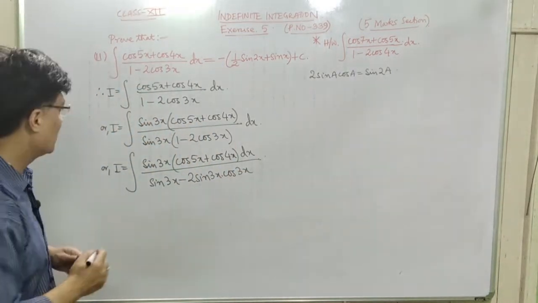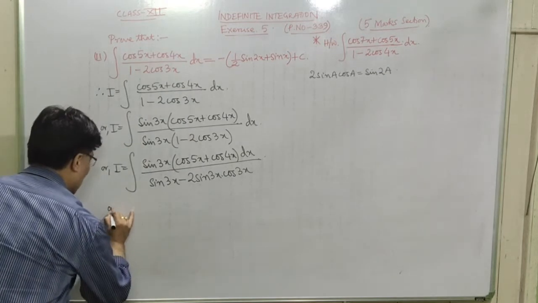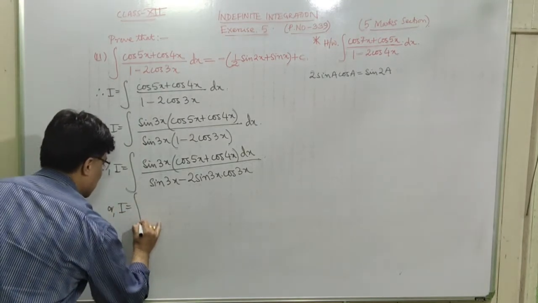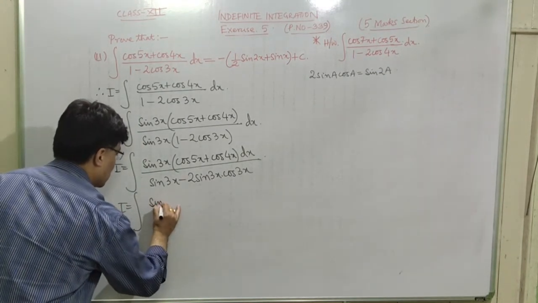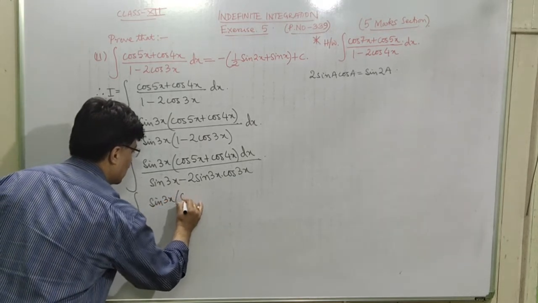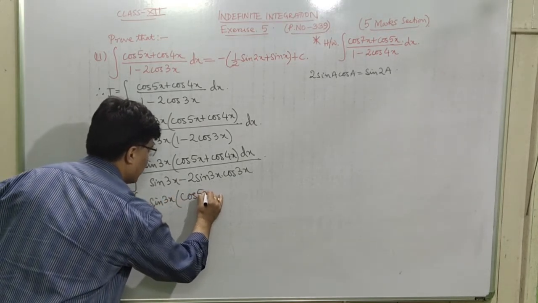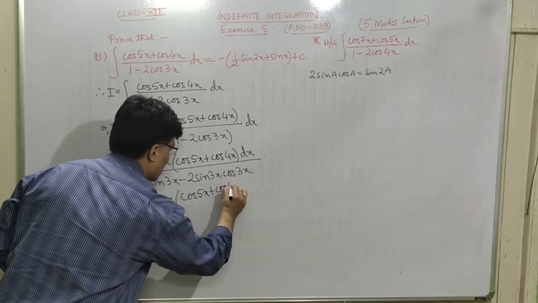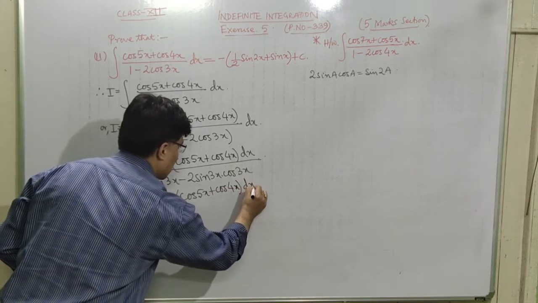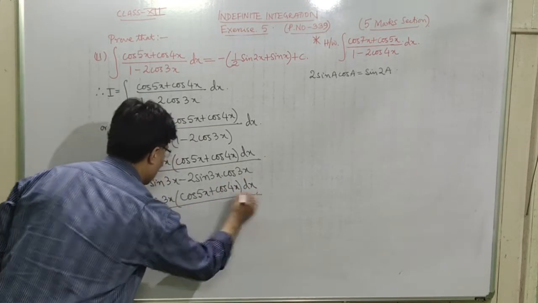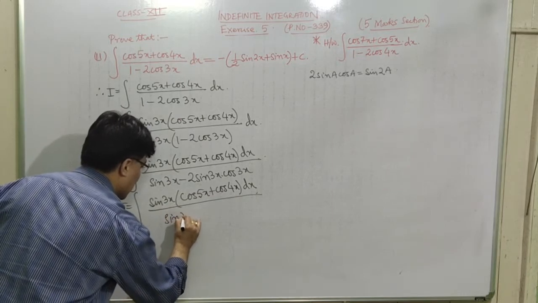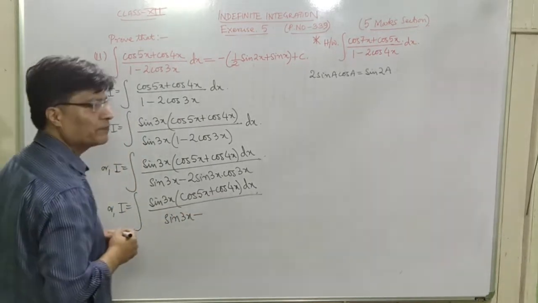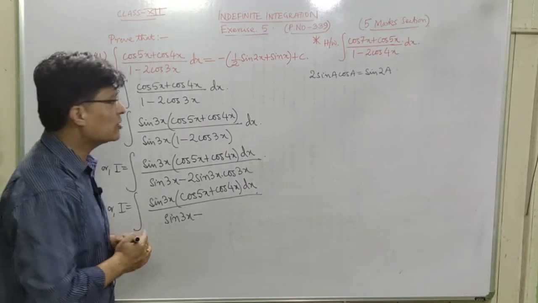Understood? So next, I is equal to the integration of sin 3x within bracket cos 5x plus cos 4x bracket close dx, this whole divided by sin 3x minus, what is 2 sin 3x cos 3x?